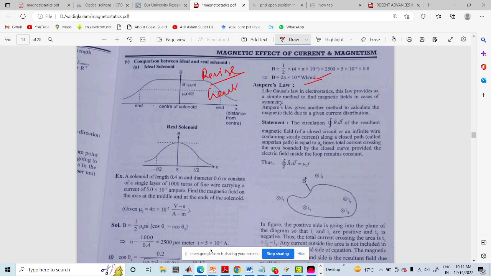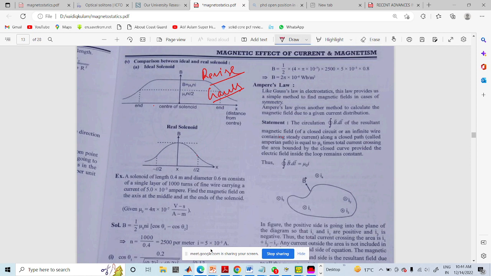If I discuss Ampere's law, you can revise Gauss law. As I am teaching Ampere's law, your Gauss law revision will also happen together, right? Just turn to the HC1 pages, and wherever you have studied, you can look at that portion, right?